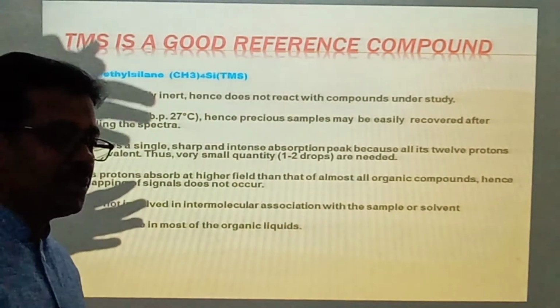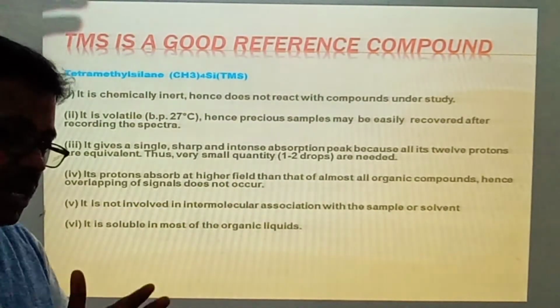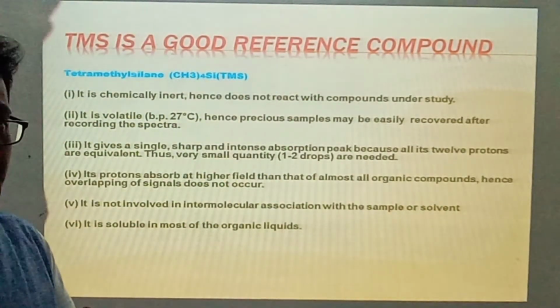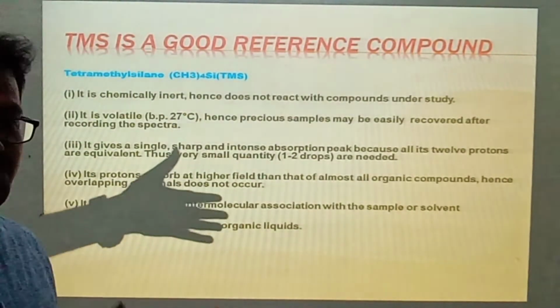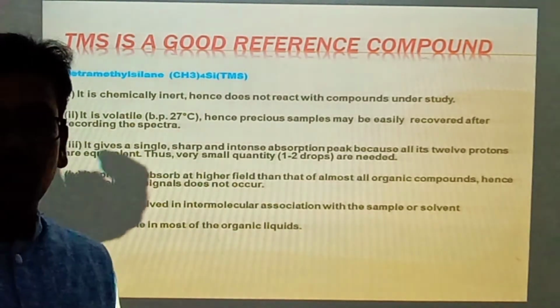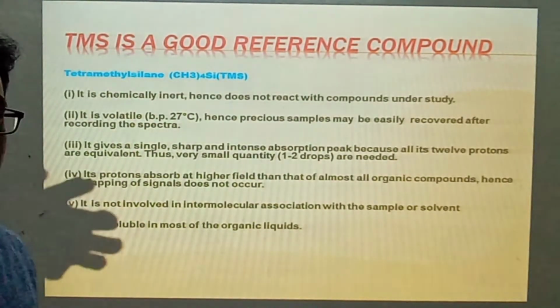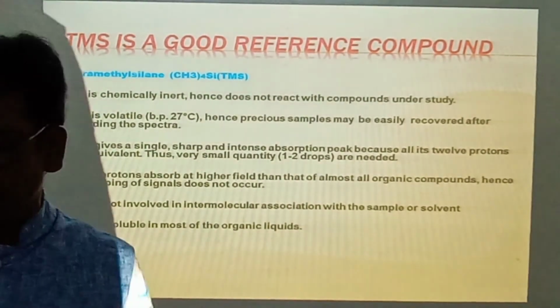Higher field means all other protons in organic compounds, with one or two exceptions, come after the absorption position of tetramethylsilane. It also does not involve intermolecular association with the compound we are recording the NMR data for.